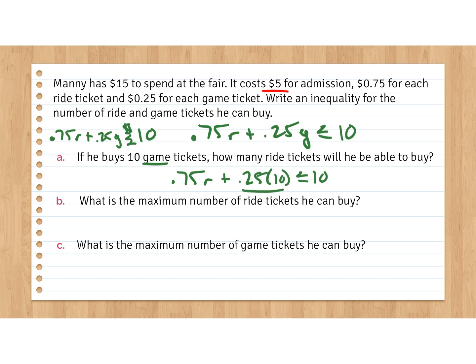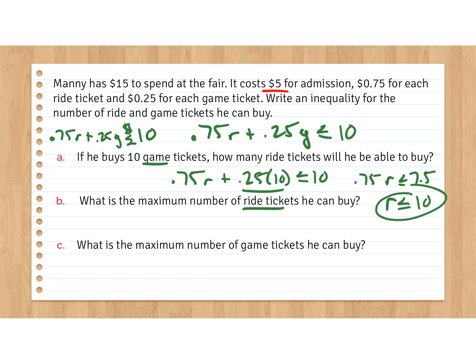Well, that's going to be 0.75 R less than or equal to 7.5, not 10. Sorry, my mistake. So he can buy up to 10 ride tickets.